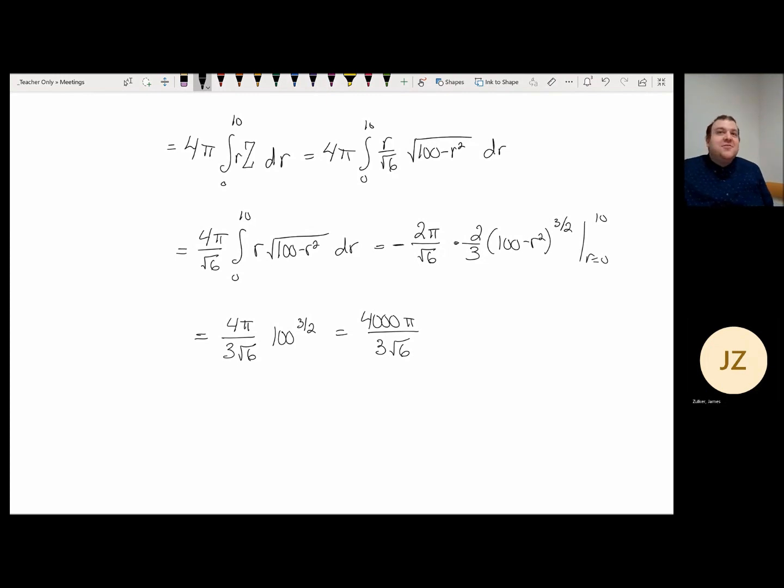Questions on spherical and cylindrical integration? So, multiple integration. Broadly speaking, three steps.